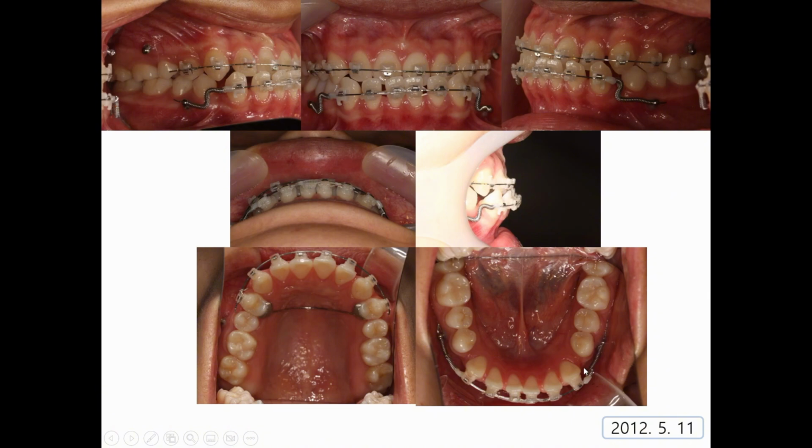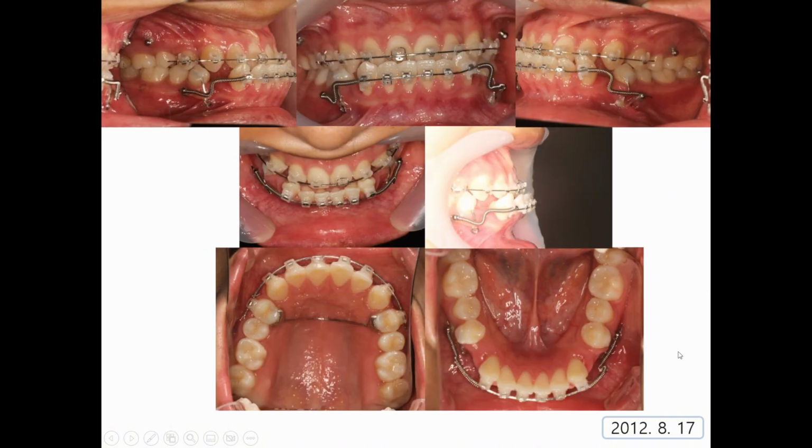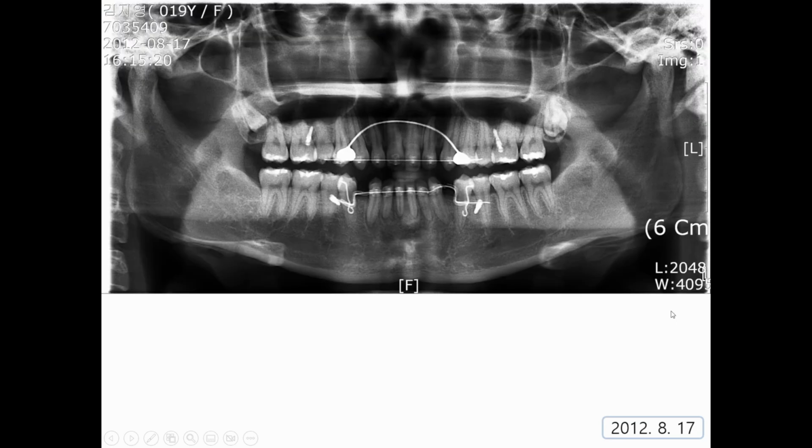So look at it. Finally, all the space is collected here, and it's easy to cut because the root is short. Long root is difficult to cut. So check the patient's root.